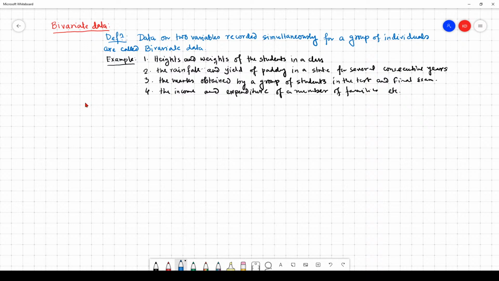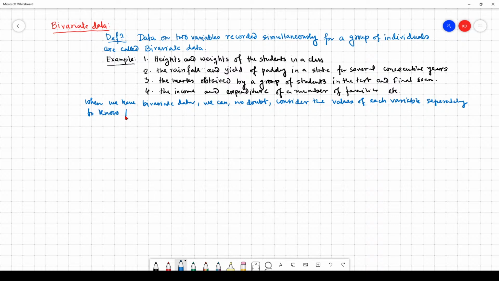Okay. So when we have bivariate data, we can no doubt consider the values of each variable separately to know the different measures.